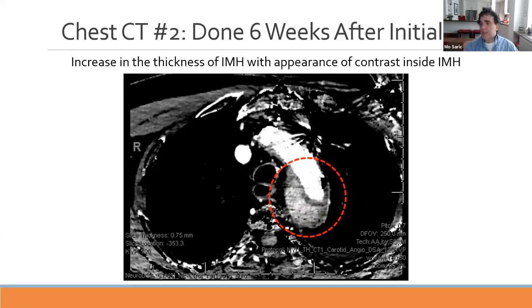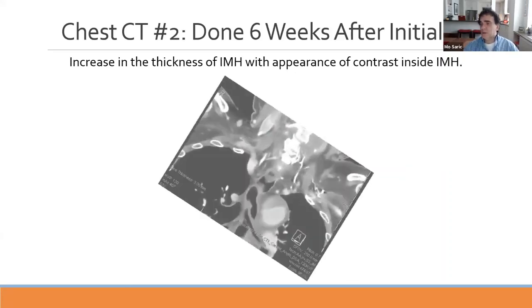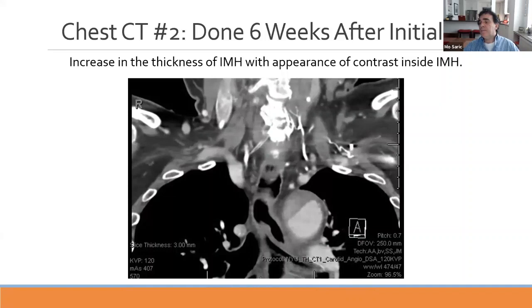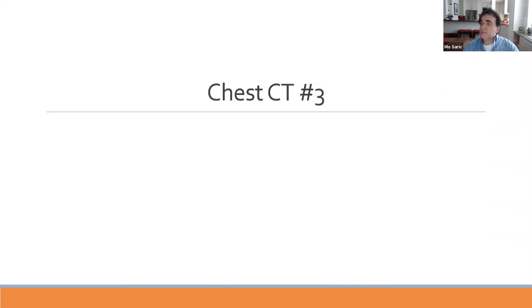And now you see the increase in the size of the intramural hematoma. And now I can show you in this coronal cut section through the distal aortic arch, and you can clearly see increased intramural hematoma.